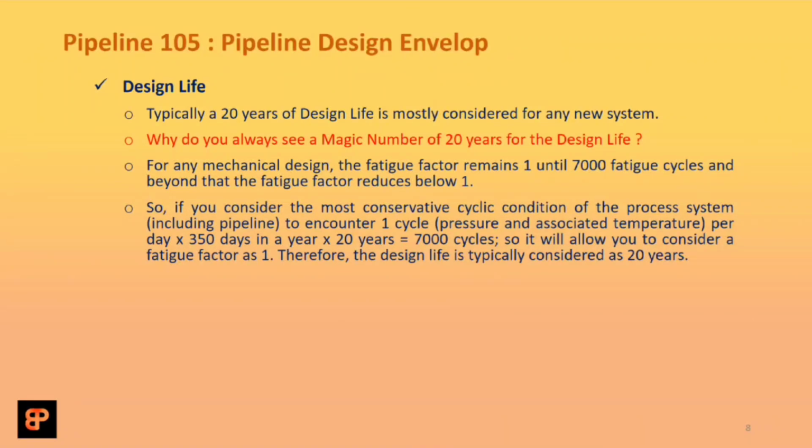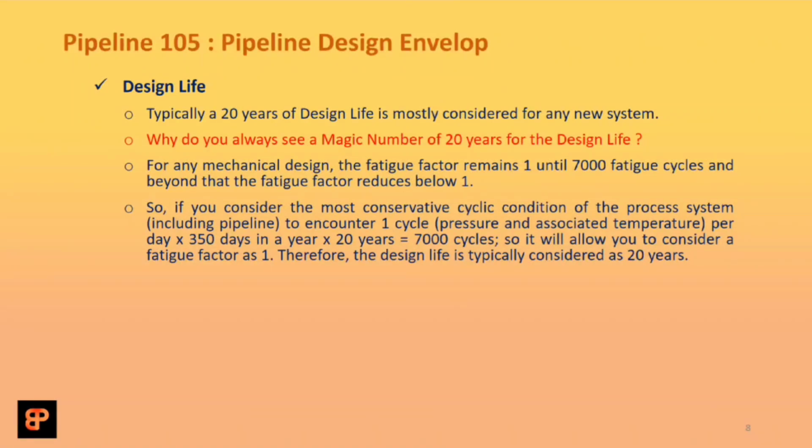In terms of fatigue, one cycle means it sees one high pressure to low pressure range or one high temperature to low temperature range. Even if we consider the worst case, which is one such cycle happening every day, which is highly unlikely, it can happen maximum once in a year or once in 6 months or something like that.